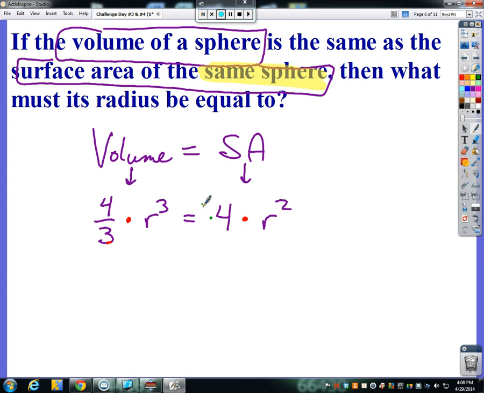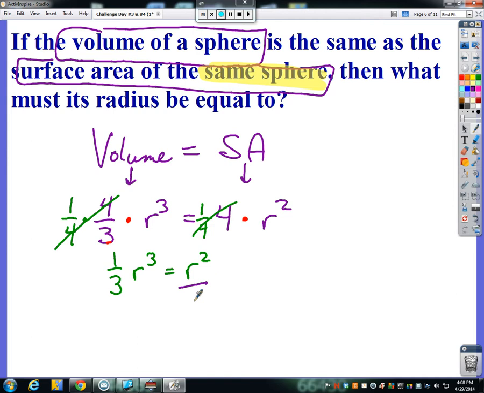I'm going to multiply both sides by a 4th, because 1/4 of 4 makes 1, and it's the same thing as taking 4 divided by 4. Now over here, these 4's cancel out top and bottom, and I'm left with 1/3 r cubed equals r squared.